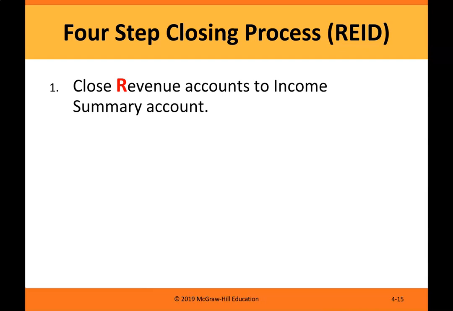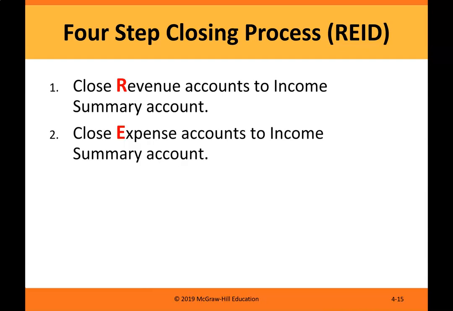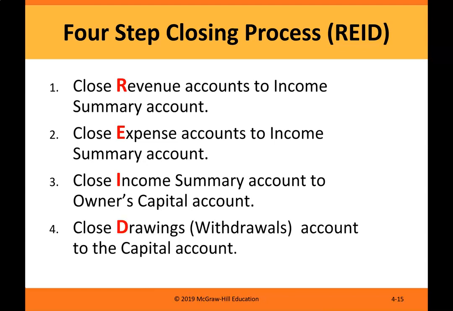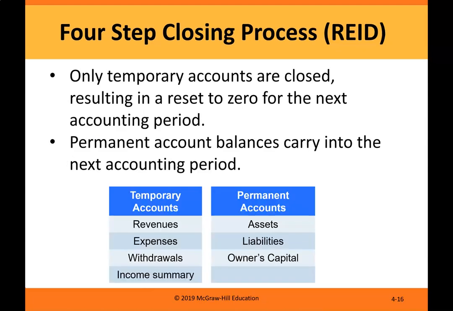Close revenue accounts to income summary account. 2. Close expense accounts to income summary account. 3. Close income summary account to owner's capital account. 4. Close drawings or withdrawals account to the capital account.